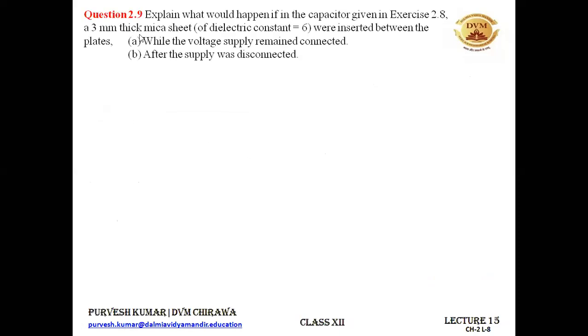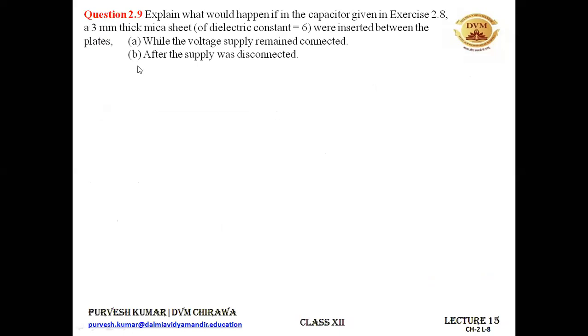Now exercise 2.9 says: explain what would happen if we insert a dielectric slab in between the plates of the capacitor that was given in exercise 2.8. The thickness of this slab is 3 millimeter and the dielectric constant is 6. All right.